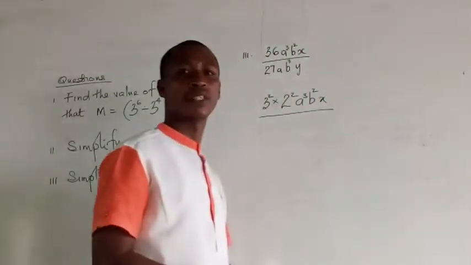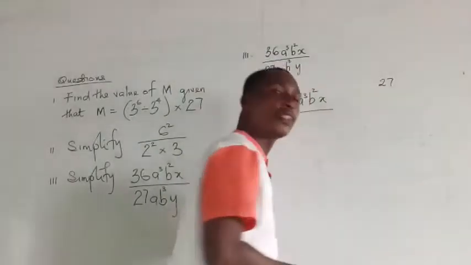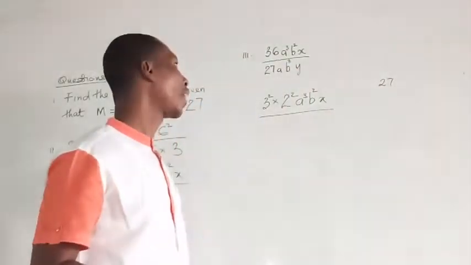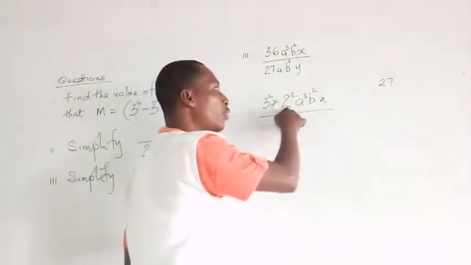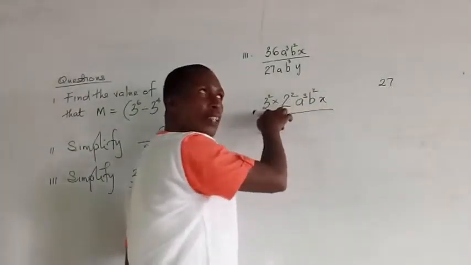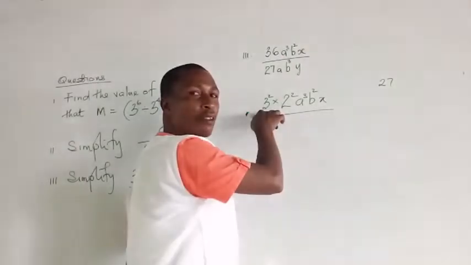So for the 27, the same way, I find the least number that can go into 27. 2 cannot go into 27, so I'll try and see whether I can have 3.